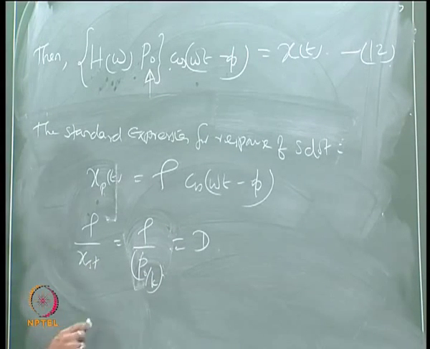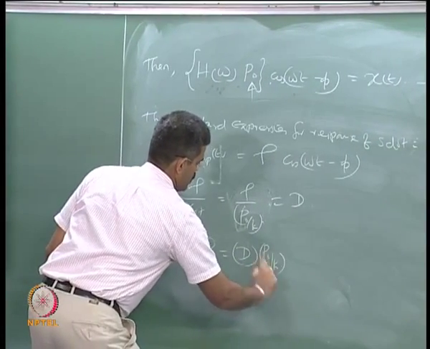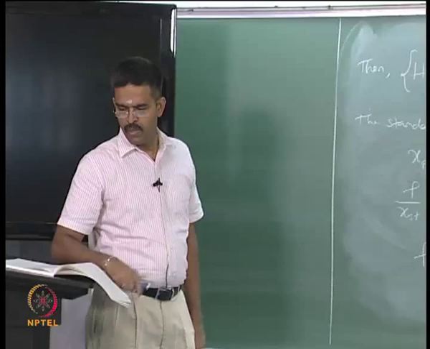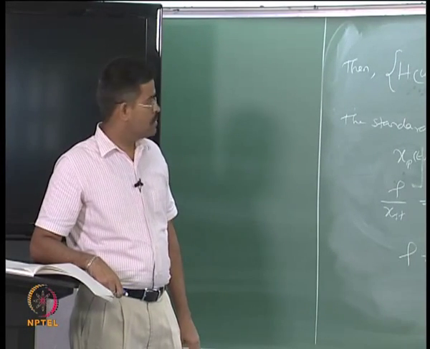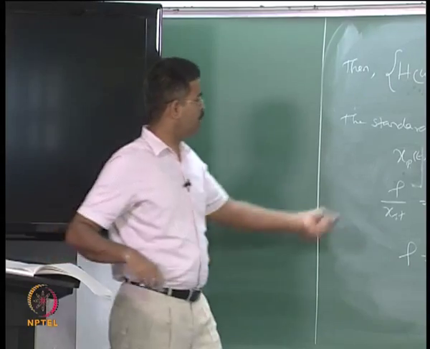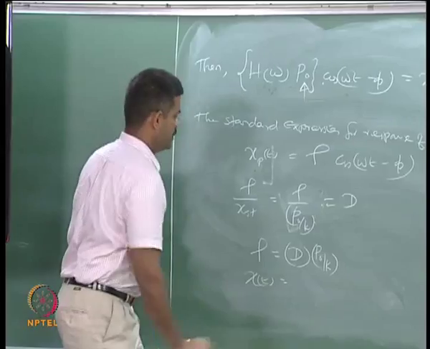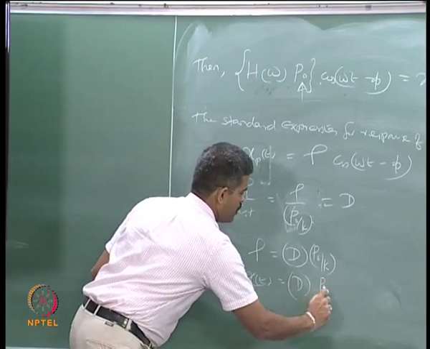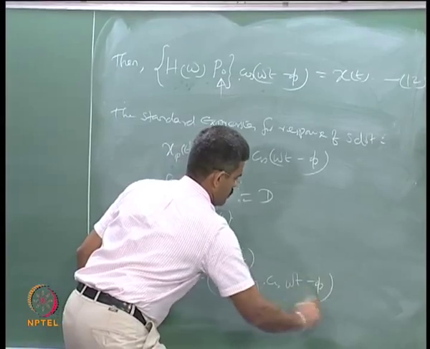So I can straight away say, therefore, let me put it back here, x of t is nothing but D of p naught by k of cos omega t minus phi.